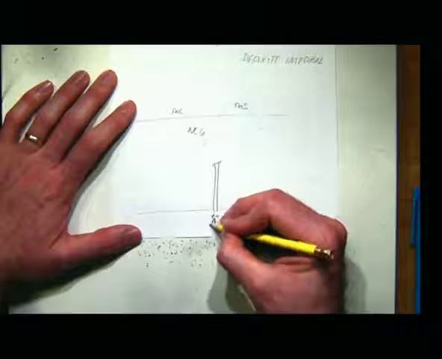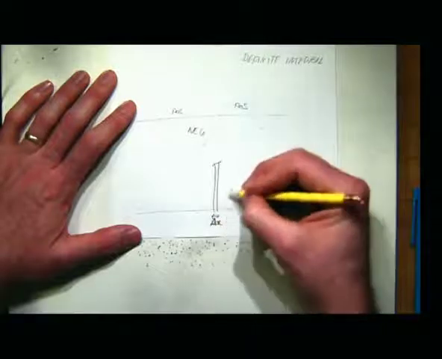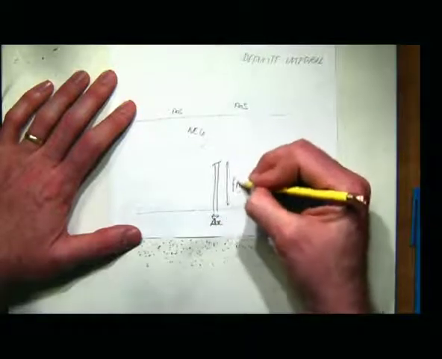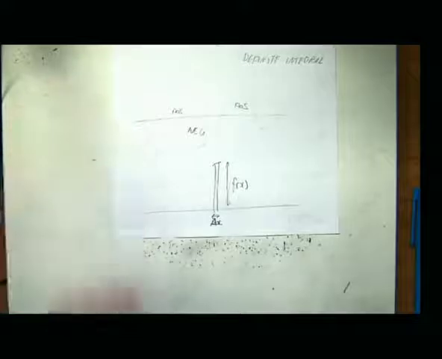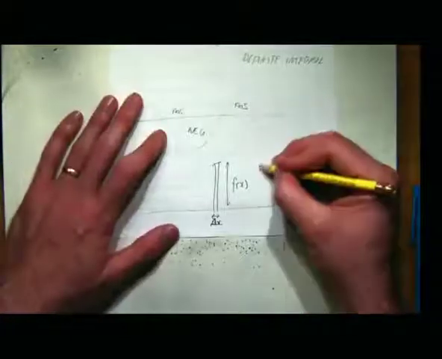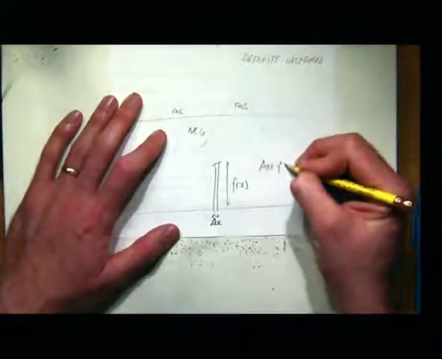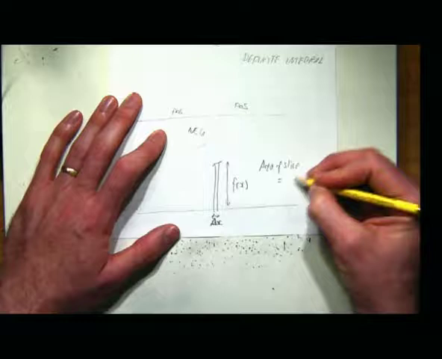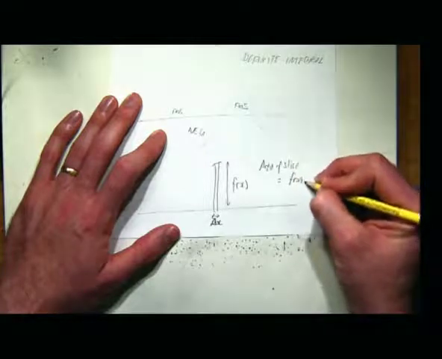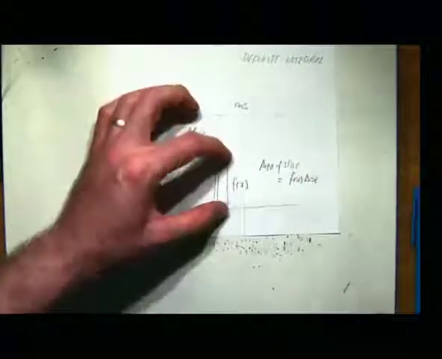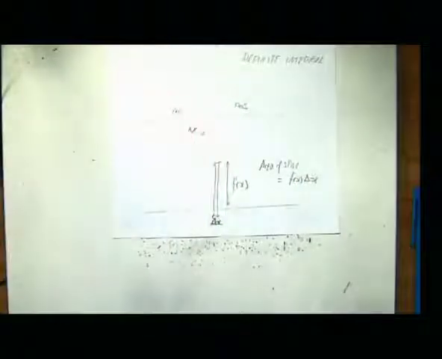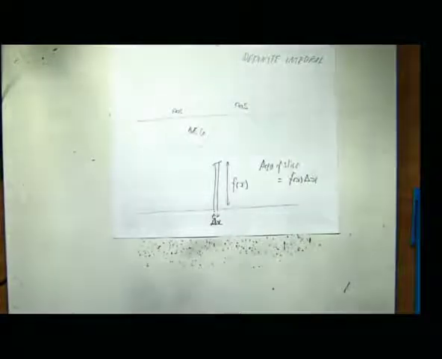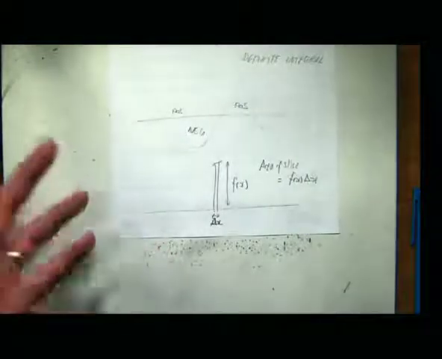Some people call it delta x. And it's f of x high, because that's what the function value does. And so the area of this slice is f of x times delta x, because it's f of x high and delta x wide. So lots of little tiny rectangle slices, and then you add them all up.